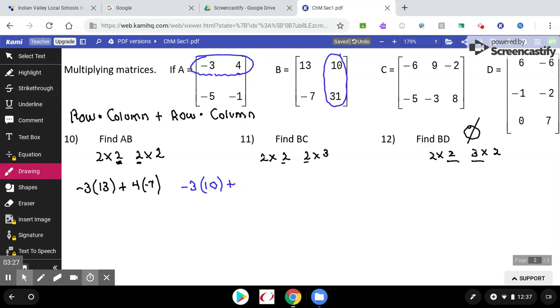Plus, the 4 is the second number that got circled in that first row, and 31 was the second number circled in that column. So that would give me the upper right answer of this matrix.